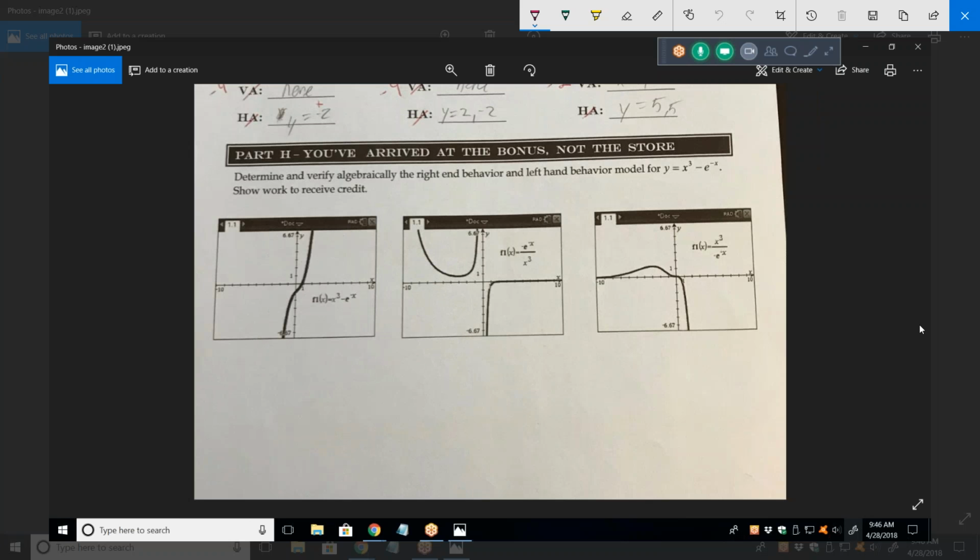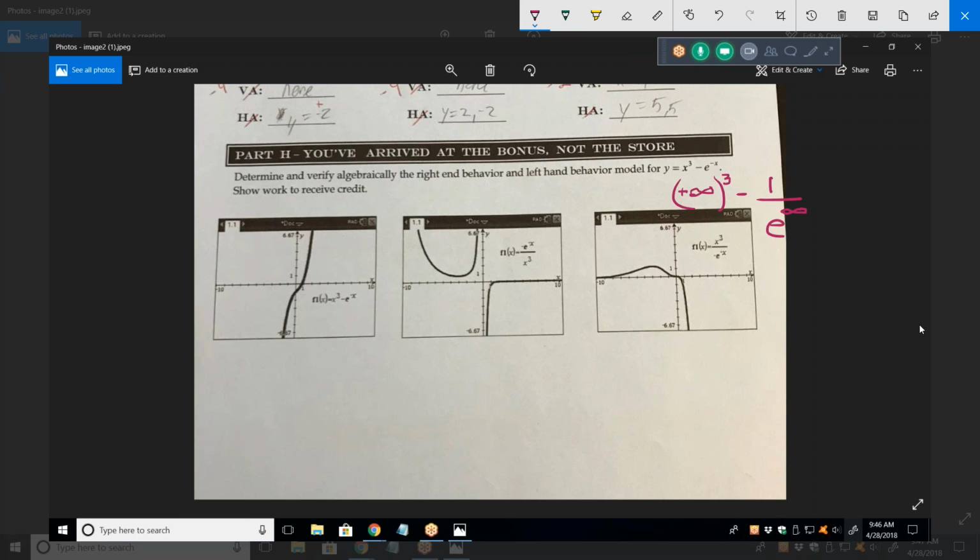So let's do this the way I like to do it. Positive infinity cubed minus 1 over e to the positive infinity, correct? In other words, all I'm doing is trying to figure out the right-hand end behavior algebraically, starting with that function.